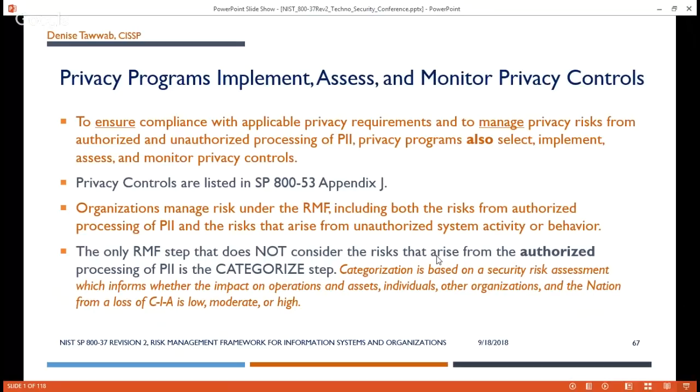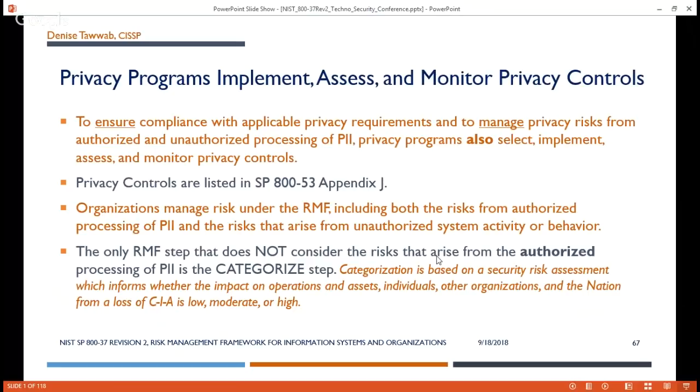Organizations manage risk under the risk management framework, including both the risk from authorized processing of PII and the risks that come from unauthorized system activity or behavior. The only risk management framework step that does not consider the risks that arise from the authorized processing of PII is the categorize step. Okay.